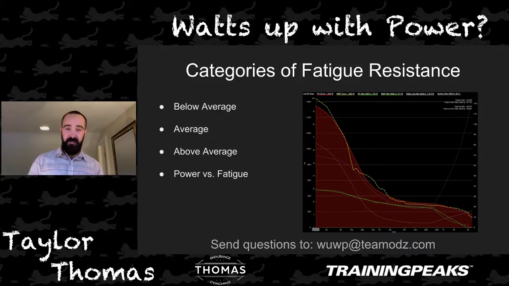So if you're what's called below average or even well below average, that doesn't mean that you're not good at those durations. What it really means is that you're just better at the shorter end of that spectrum. So again, with the fatigue profile, we're looking at a range within those durations. For VO2 max, that might mean that you're better at the 3-minute effort than you are at the 8-minute effort.